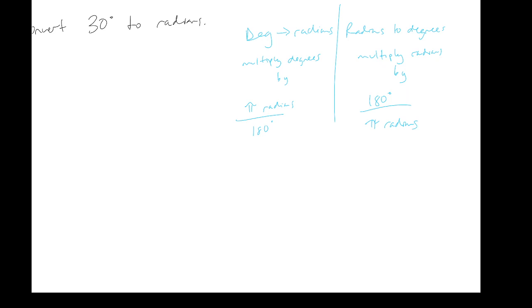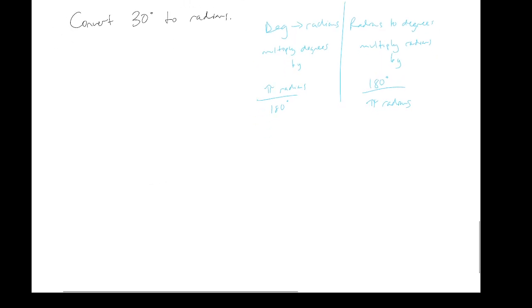Okay? And when you do this unit conversion, as some of you have done in science class, for example, if I've got 30 degrees right here, I'm going to multiply it. Now look, I'm going from degrees to radians, so which of these methods am I going to use? The one on the left, right? So I'm going to multiply. And notice because I have degrees in the bottom, degrees by degrees is going to factor out. So I'm going to have, again, pi radians over 180 degrees.